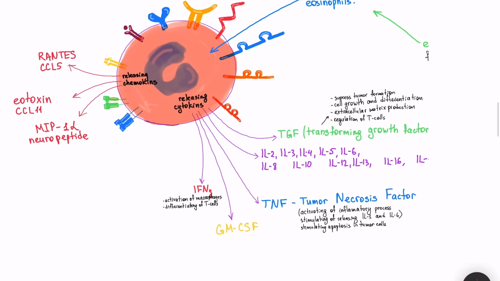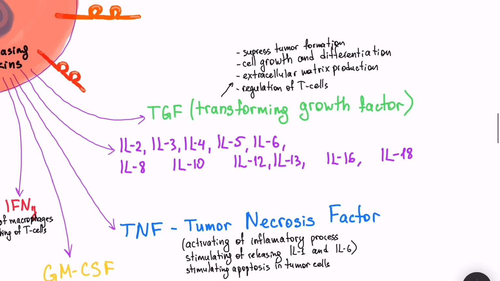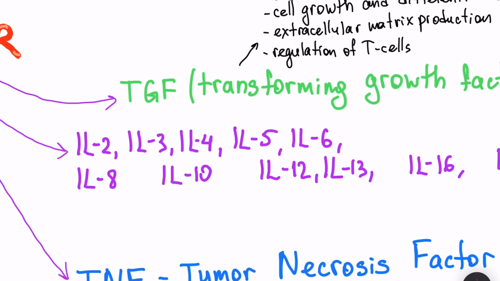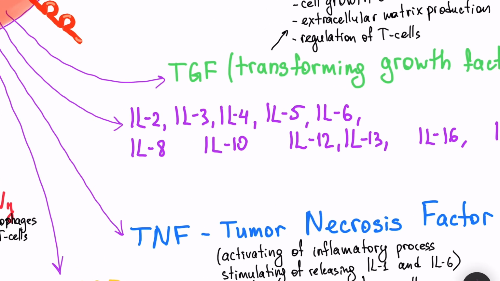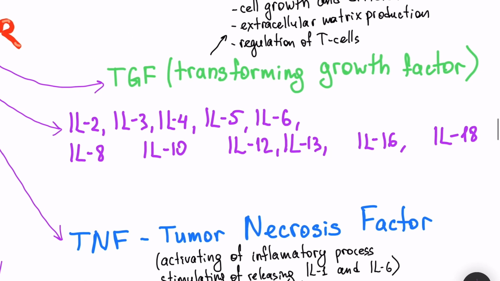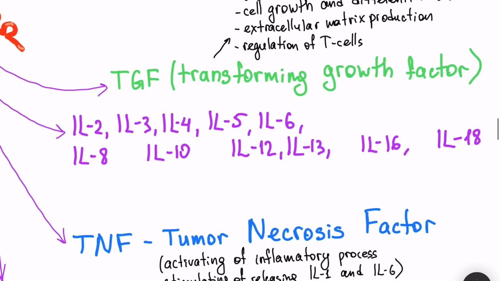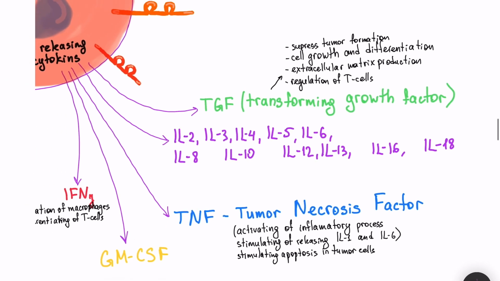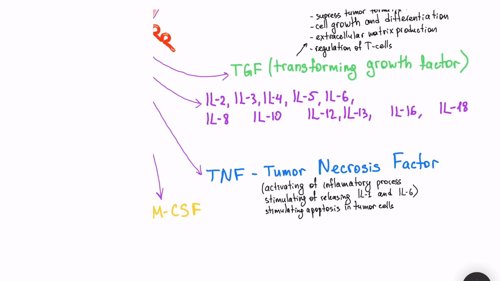Apart from these molecules on their surfaces, eosinophils release different factors. For example, cytokines like interleukins, all of the inflammatory interleukins like 2, 3, 4, 5, 6, 8, 10, 12, 13, 16, 18. I will write them on the desk. Also, they produce TNF, it is also an inflammatory factor.